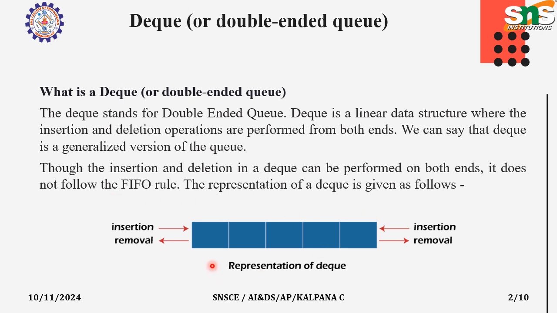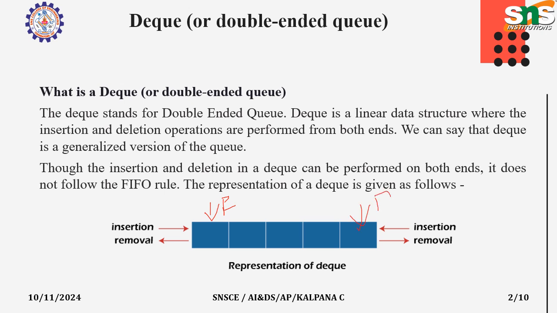And it will not follow the first in first out rule. Our queue data structure follows first in first out, that is FIFO rule, but here this principle is not applicable for double-ended queue. So this is the representation of double-ended queue. Here this is our front pointer, and this is our rear.